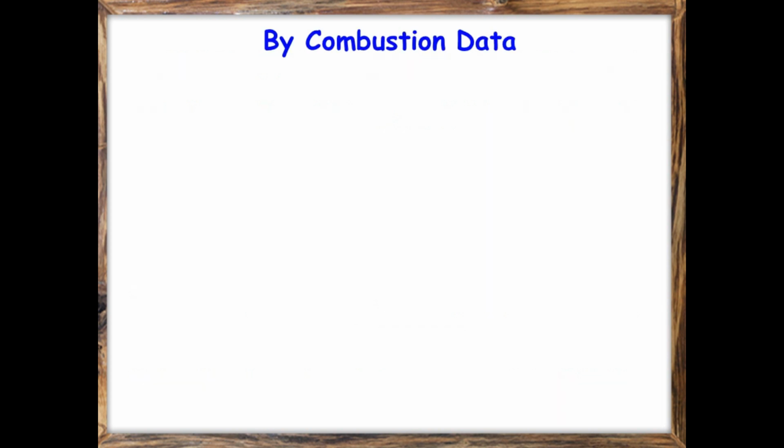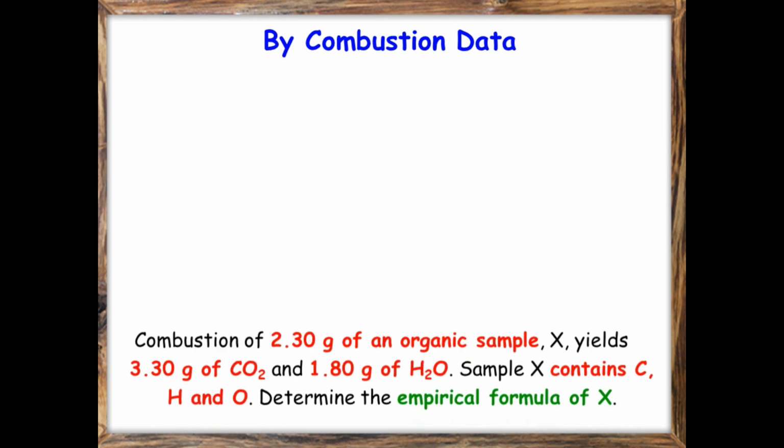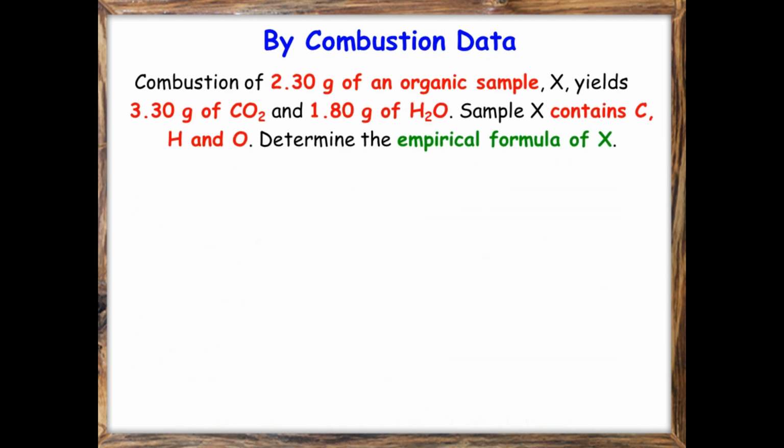The second example shows the correct step to determine empirical formula by using combustion data. Combustion of 2.30 gram of an organic sample X yields 3.30 gram of CO2 and 1.80 gram of H2O. Sample X contains carbon, hydrogen, and oxygen.